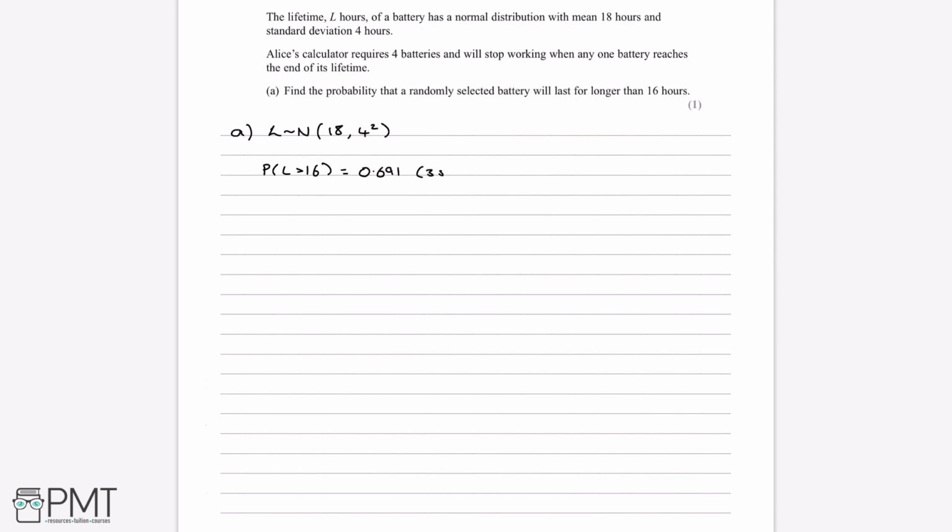And that's 3 SF. There's one mark available for this question, and it's a mark that comes from getting the answer right. So saying that the probability that L is greater than 16 is 0.691 will get us 1 mark.